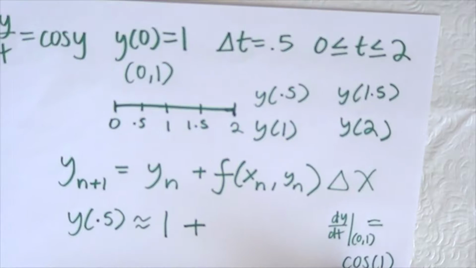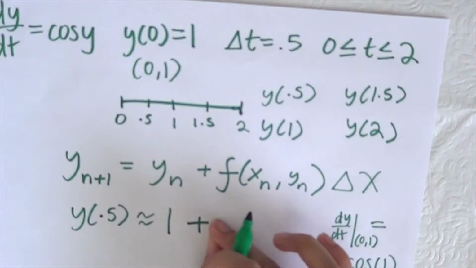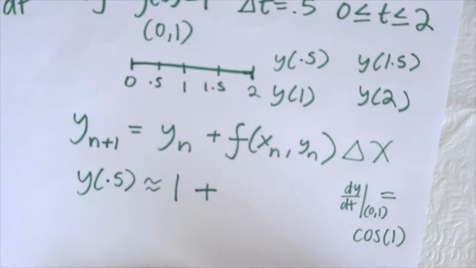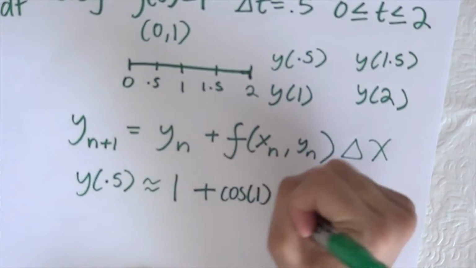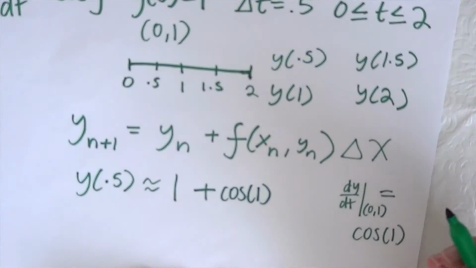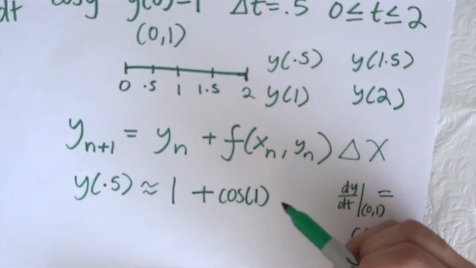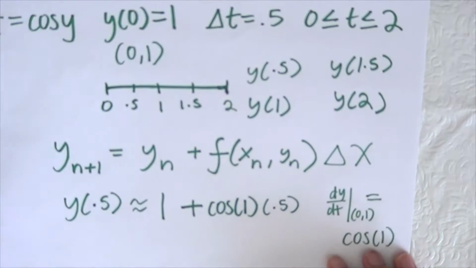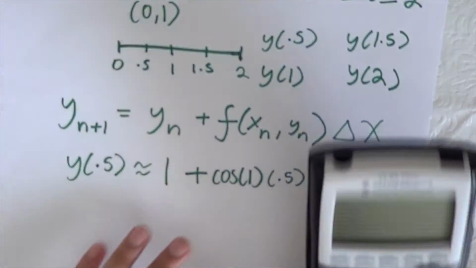I'm going to plug this in here so I don't have to plug in this big number separately, so I get it all in one shot on the calculator. So 1 plus cosine 1, which is our slope, cosine of 1 is the slope, and we multiply that by our delta t, which is 0.5. Now let's plug that into the calculator because we cannot do this in our heads.